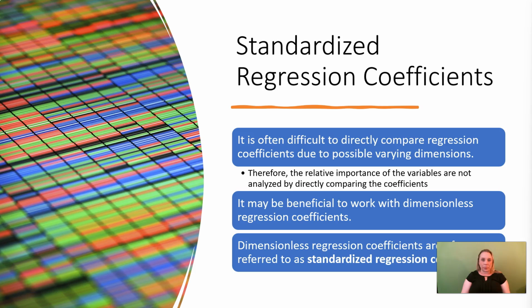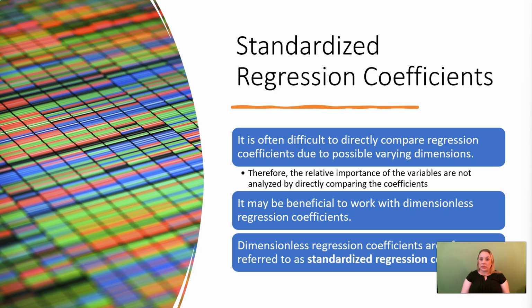this one? When we're looking at our standardized regression coefficients, it's often difficult to directly compare regression coefficients due to having a variety of dimensions or scales of our data, right? So you might have a predictor variable of salary, which goes anywhere from 0 to six figures, and then you might also be looking at hours worked during a week, which should only go up to about double digits, right?